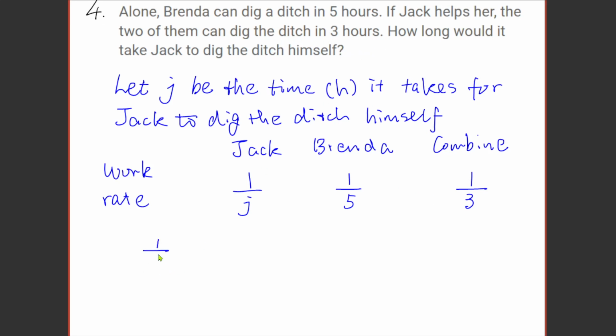Therefore, we know the combined work rate should equal Jack's work rate plus Brenda's work rate, right? And we have one unknown variable J and one equation. We should be able to find the value of J, right?